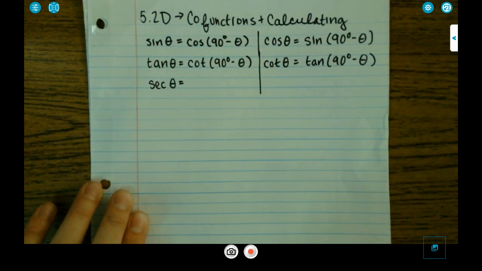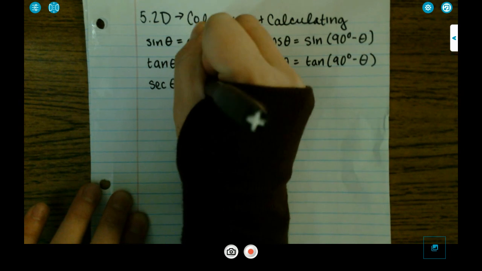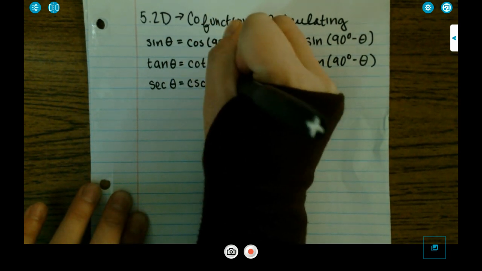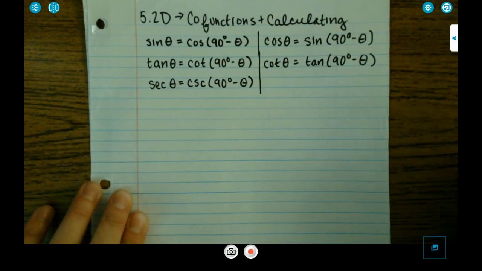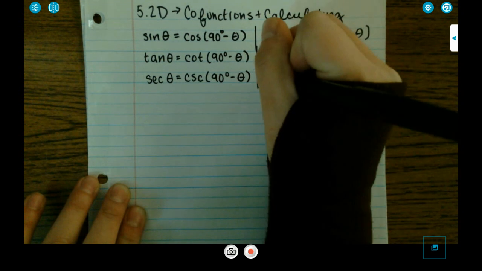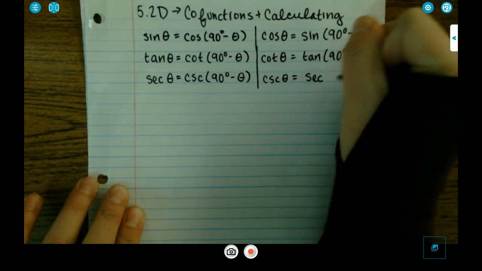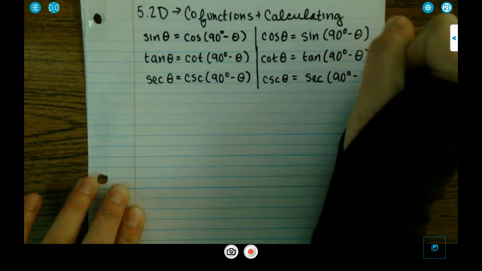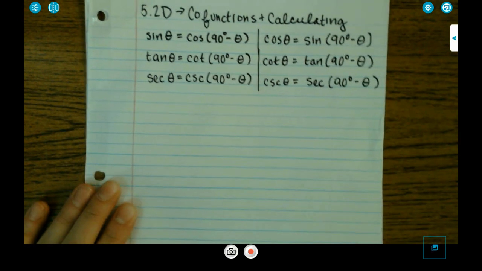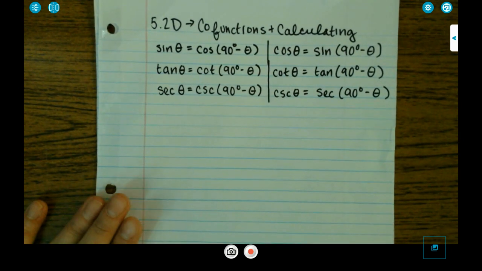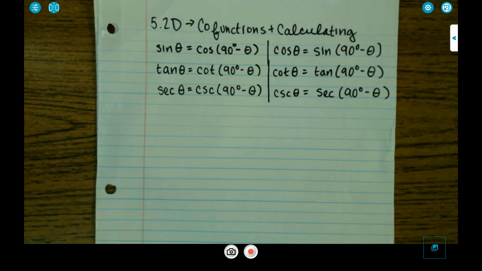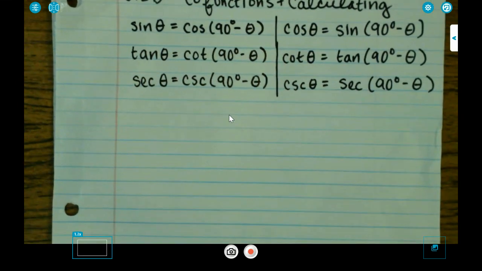Secant's cofunction is cosecant. So secant of theta is equal to cosecant of 90 degrees minus theta. Or cosecant of theta is equal to secant of 90 degrees minus theta. Those are all of our cofunctions.